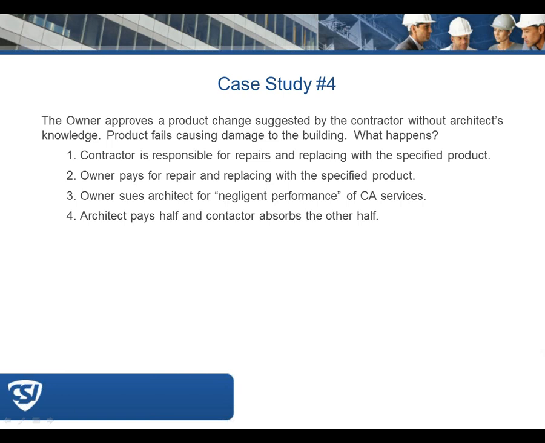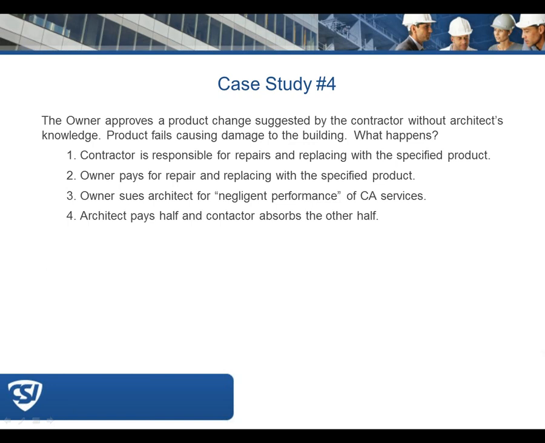you're negligent. If the architect doesn't know that the owner has approved this product, he may not be aware of that, and I think that the fact that he doesn't know, he's not going to necessarily have a defense to say, well, no, Mr. Owner, you made this change, not me. I didn't approve it.